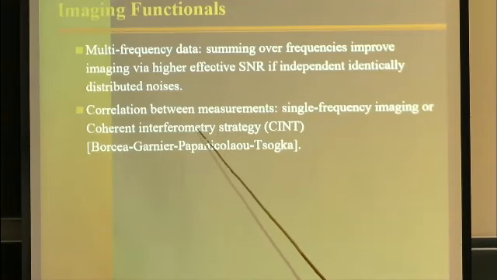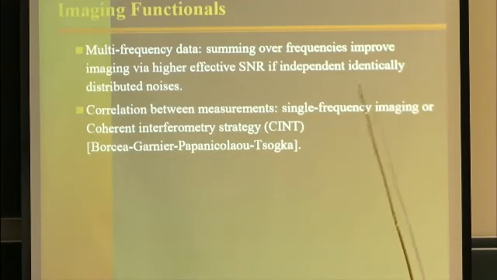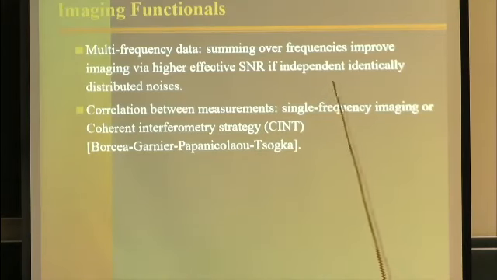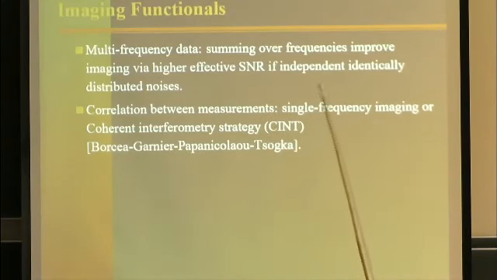If there is correlation between measurements because of medium noise, then it's unclear whether multi-frequency measurement is better than single frequency measurement. A better idea is to use coherent interferometry. Let's call it SINT.